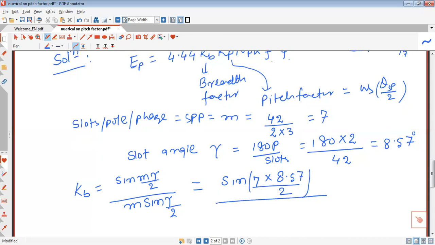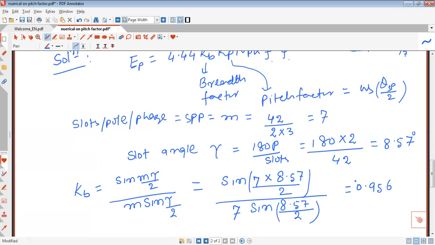So it is sine of 7 times 5.857 divided by 2, divided by 7 into sine of 5.857 divided by 2, and solving this relation we get 0.956.